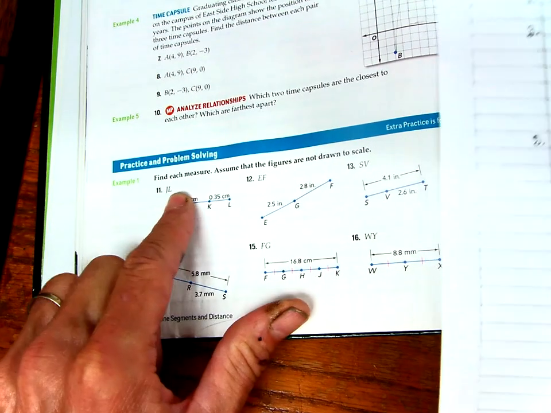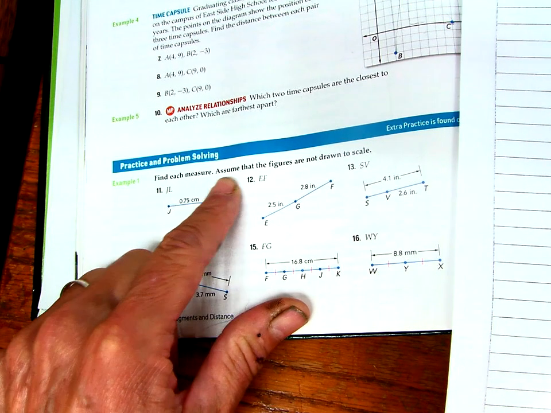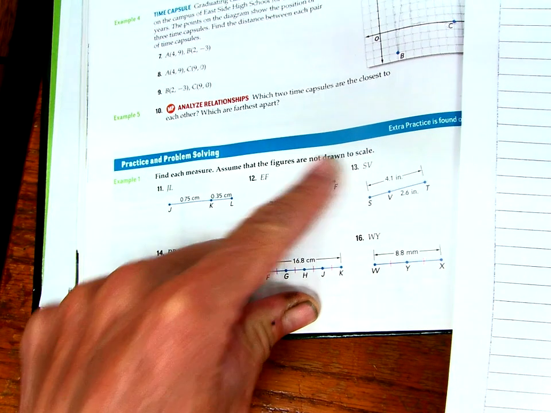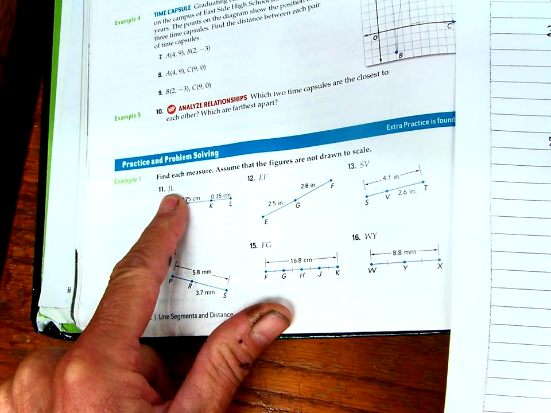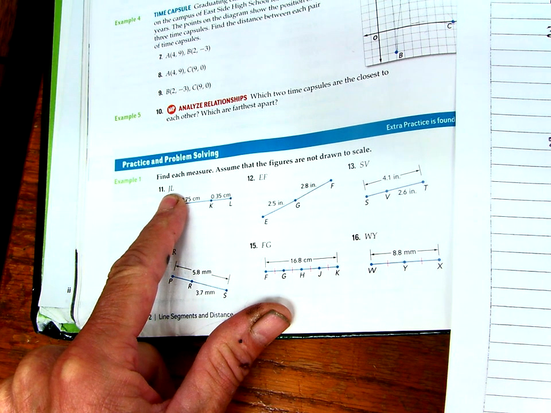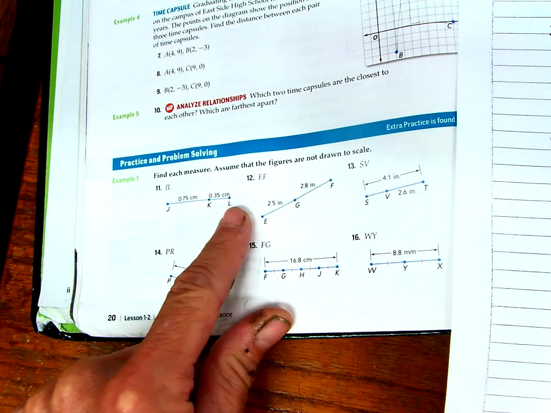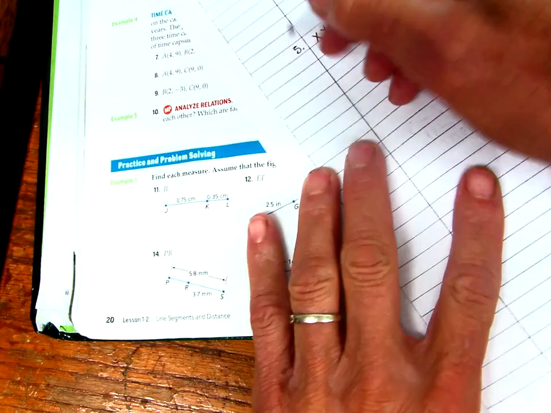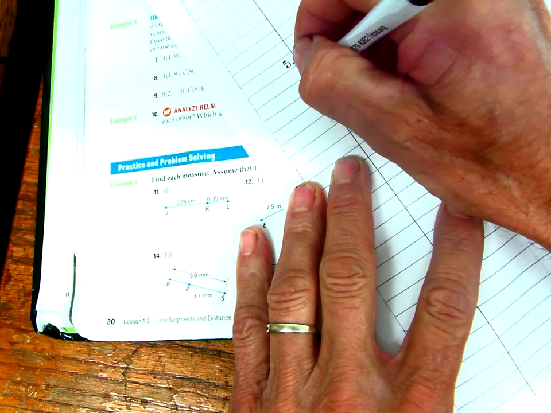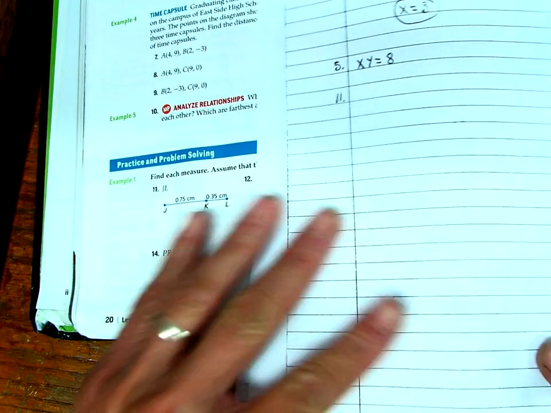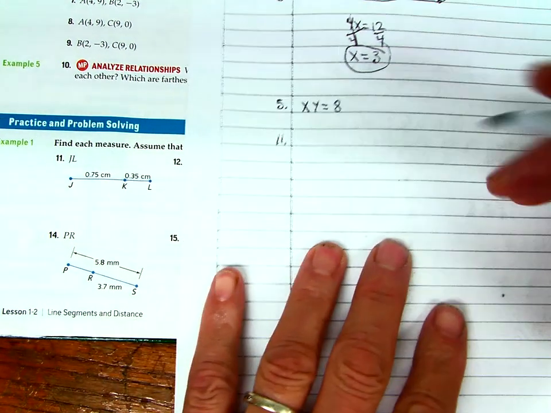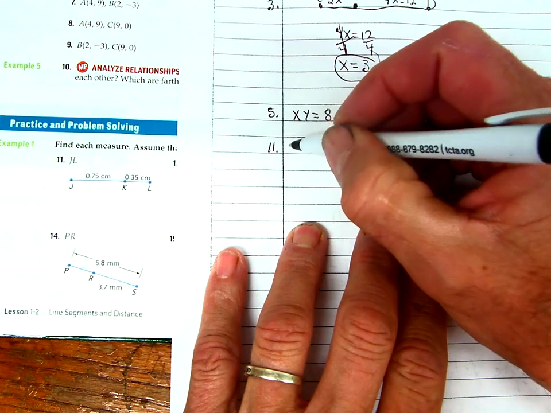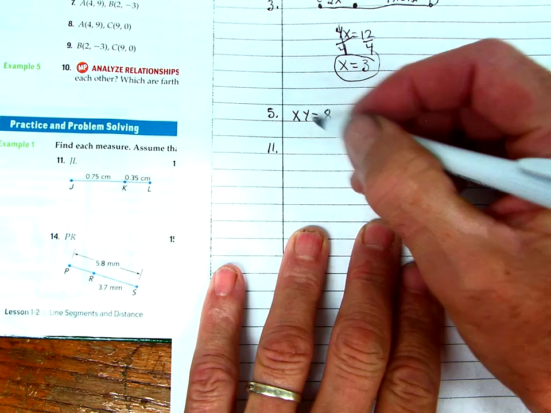Number 11. Find each measure. Assume the figures are not drawn to scale. Number 11 says JL. That means what's the distance from J to L? From J to L is the whole thing.